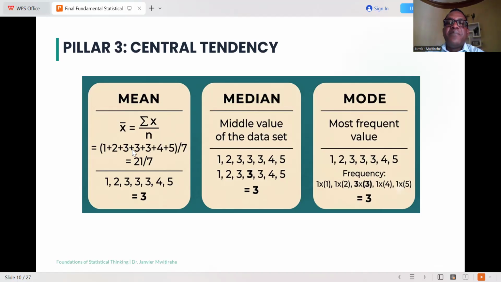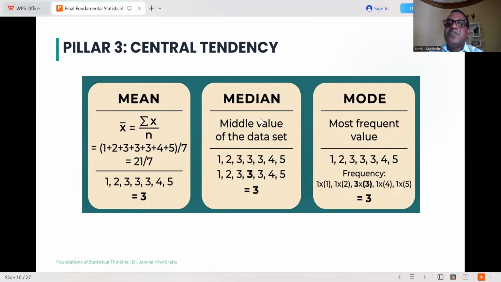Here we are in the presence of 7 families from which we collected data. The first family has 1 child, the second 2 children, the third, fourth and fifth all have 3 children each. The 6th has 4, the 7th has 5. So when we add them up and divide by 7, we have 21 children out of 7, which makes 3, meaning that on average, each family has 3 children.